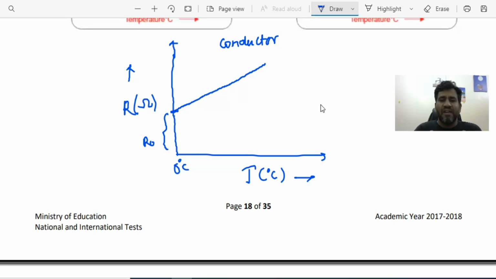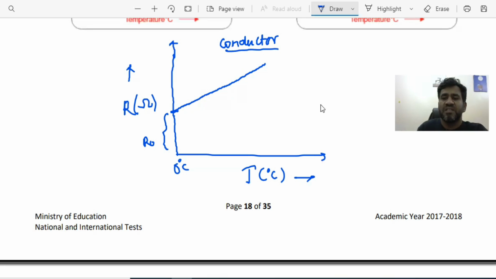By gaining that, they try to go out of their bonds, and there will be more and more free electrons available throughout the metal. As the number of free electrons increases, there will definitely be more collisions between the electrons and their neighbors. And if there are more collisions, there will be more resistance. That is how, as the temperature increases, the resistance of the conductor increases.